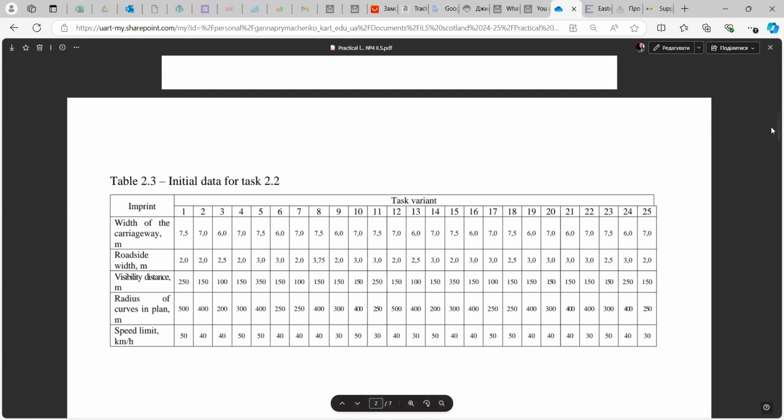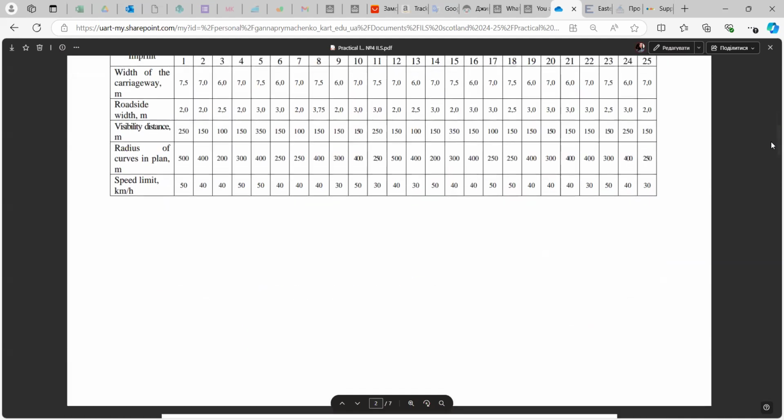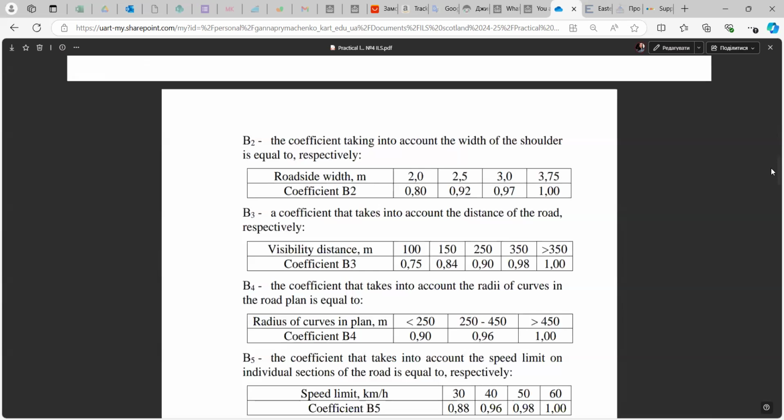And we come back to our table with coefficient b with index 2. So we try to come back. All is okay.